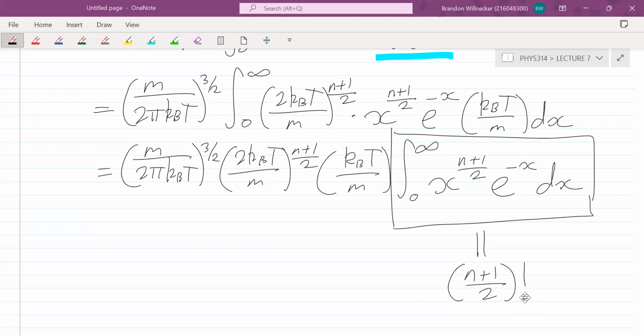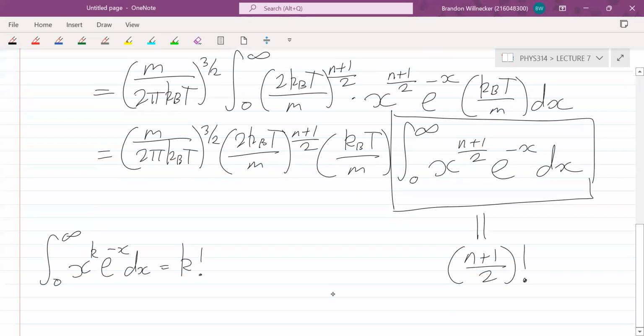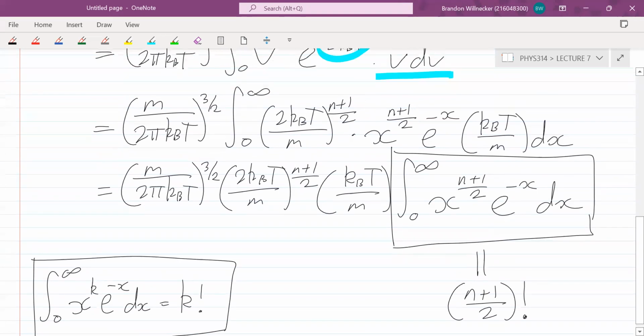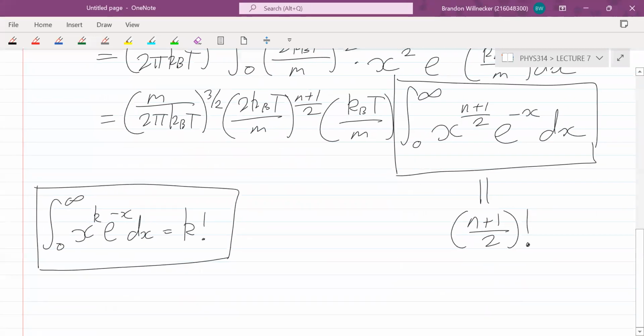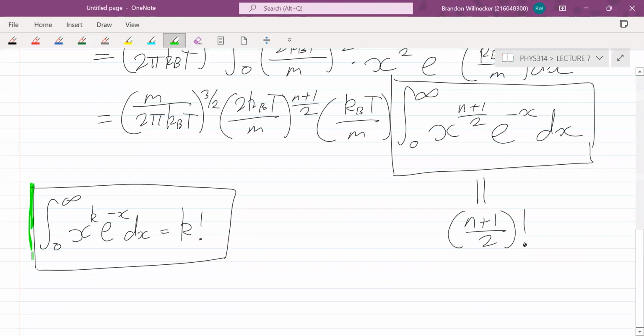In fact, the integral from 0 to infinity of x to the k, e to the minus x dx is k factorial. That's something you should remember. You just use that, and you don't have to do the integral, because whatever your exponent of x is, that's going to be your factorial. You just multiply that on, and that gives you your final answer. So just remember this little formula here. It will help a lot.